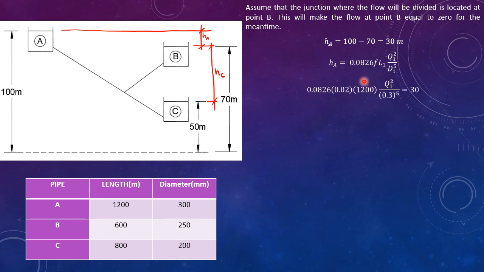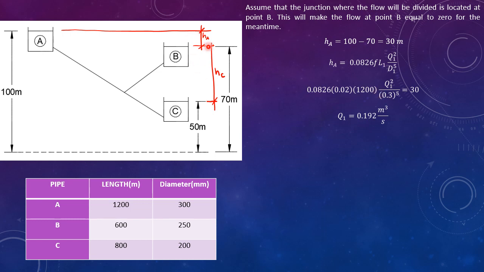Substituting the values, F as given in the problem is equal to 0.02, L1 is 1,200 meters, Q1 is unknown, D1 is 0.3 meter, and this is equal to 30 meters. Solving for Q1, Q1 is equal to 0.192 cubic meter per second.